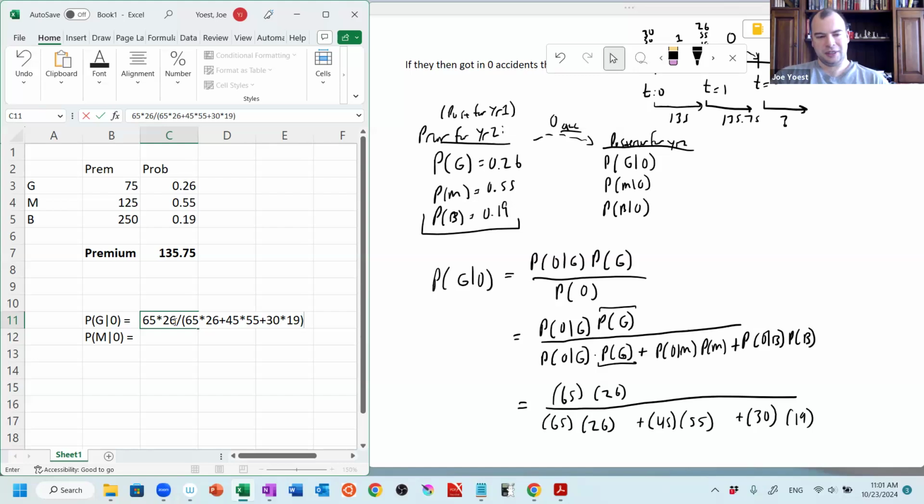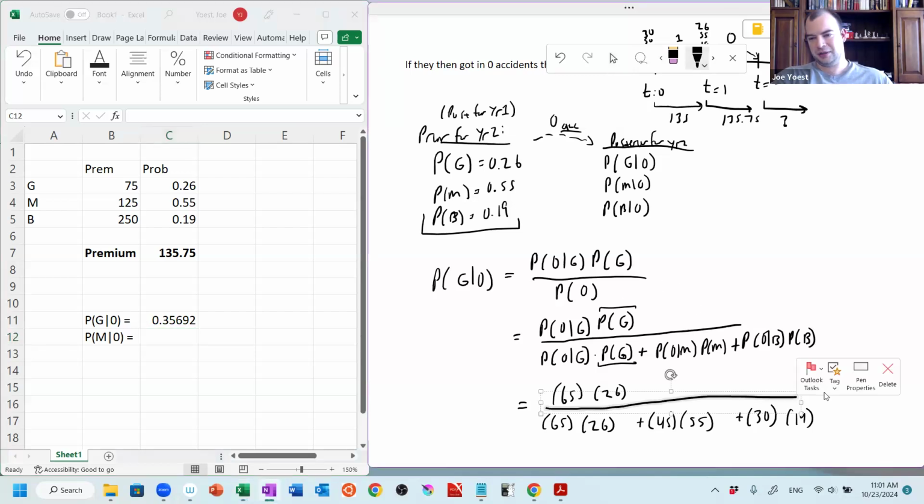That looks good. Okay, end parentheses and, oh, I forgot my equal sign. Equals. So that gives me 35.7%. Let's call it 36%.